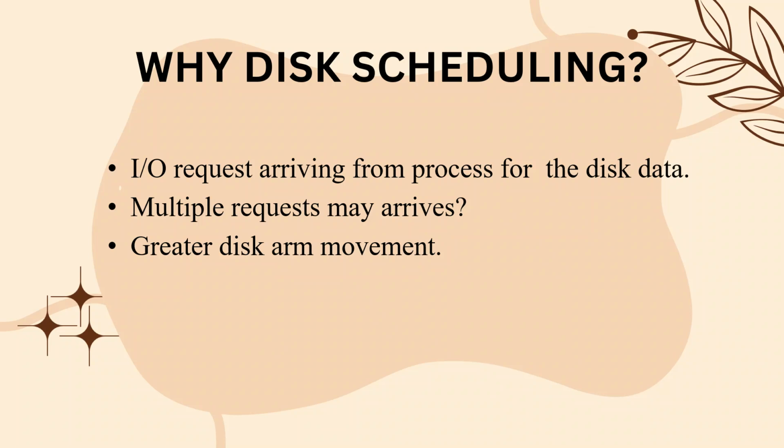For example, two or more requests may be far from each other, which can result in greater disk arm movement. Thus, hard drives are one of the slowest parts of the computer system and need to be accessed in an efficient manner.